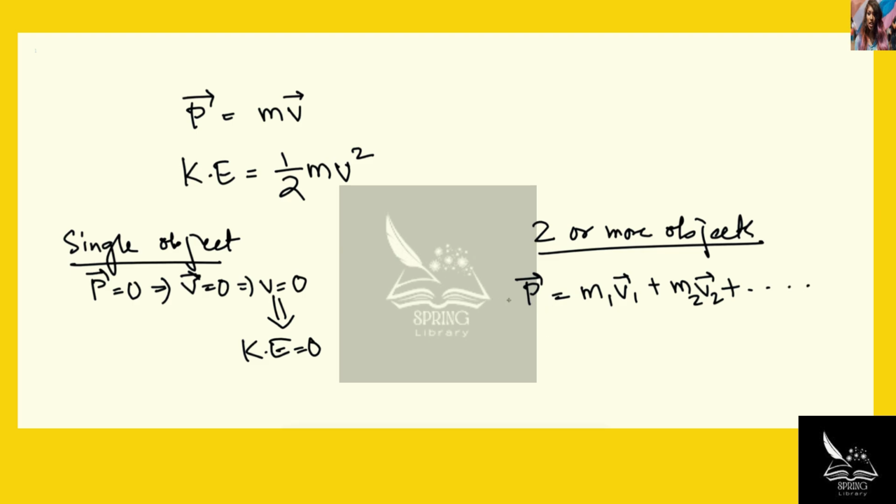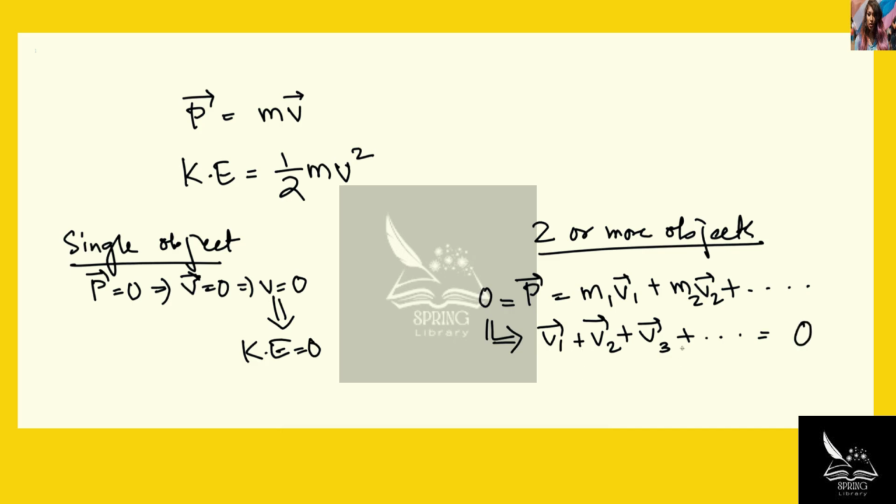This means that if the momentum vector is zero, and I am solving this for a simple case where the masses are all equal, but this will also be applicable to multiple masses, then the zero momentum means that the vector sum of all the velocities of the objects is zero.